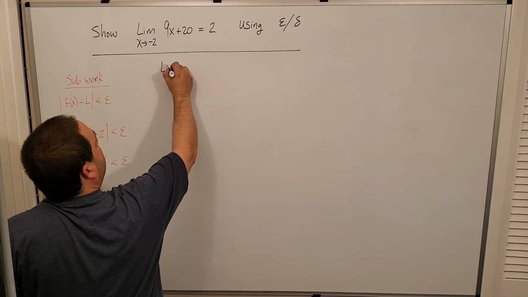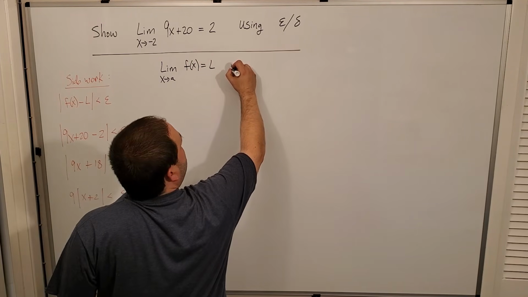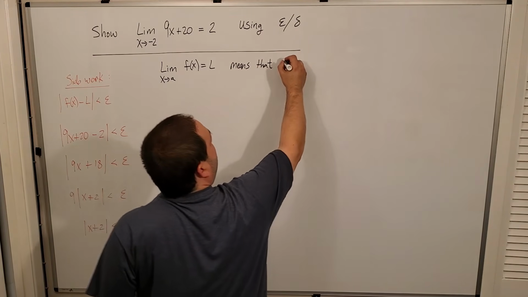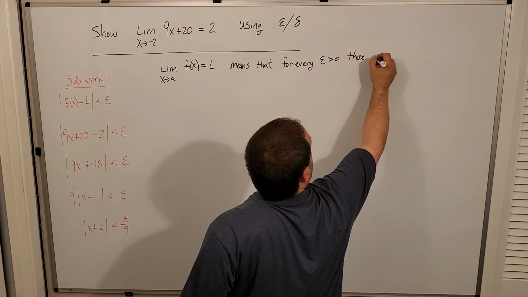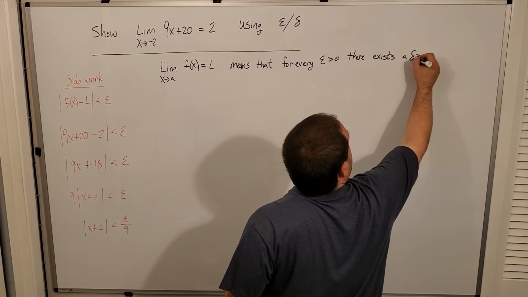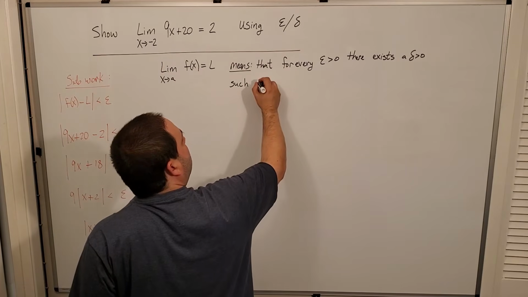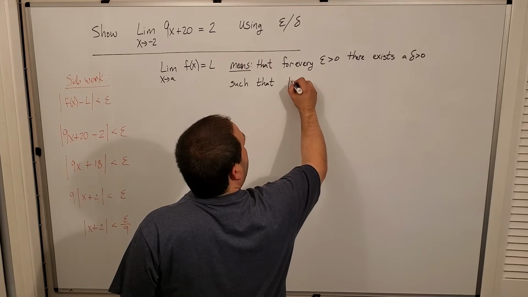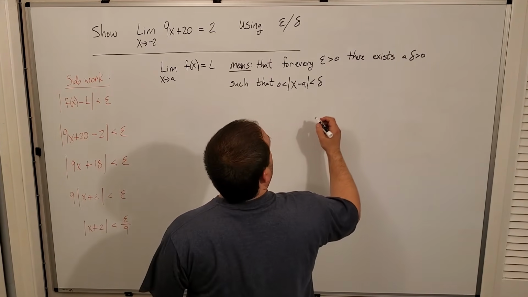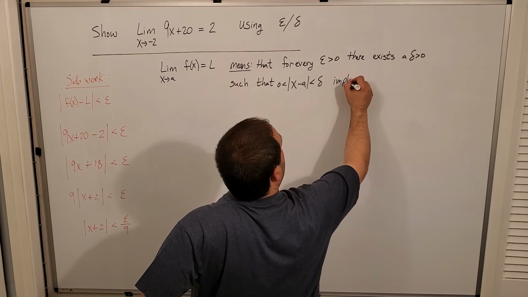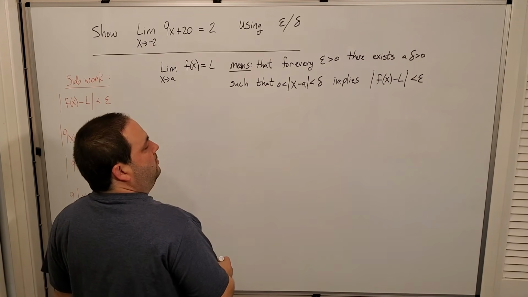We say that the limit as x approaches some a of f of x is equal to L means that for every epsilon greater than 0, there exists a delta greater than 0 such that the absolute value of x minus a being less than delta, and of course, being greater than 0, implies that the absolute value of f of x minus L is less than epsilon, right? So we need to go this direction.